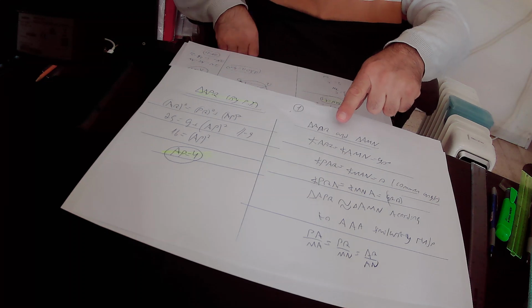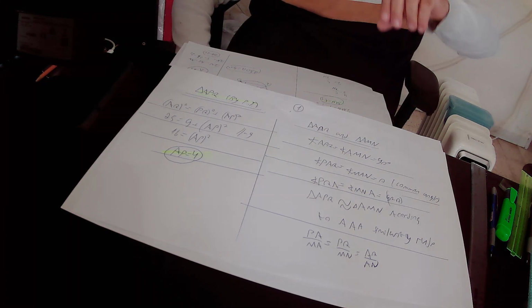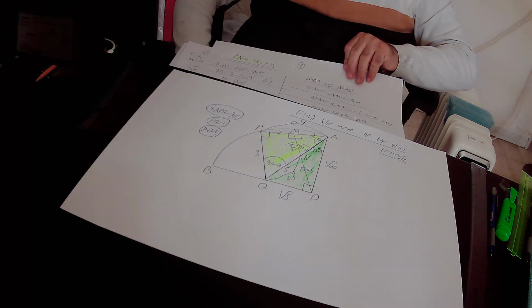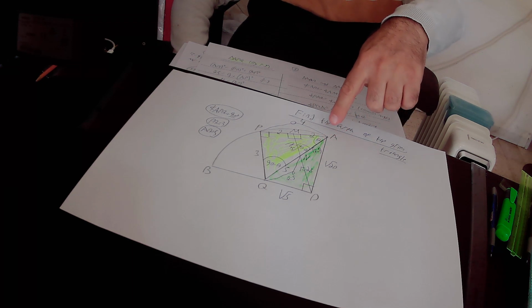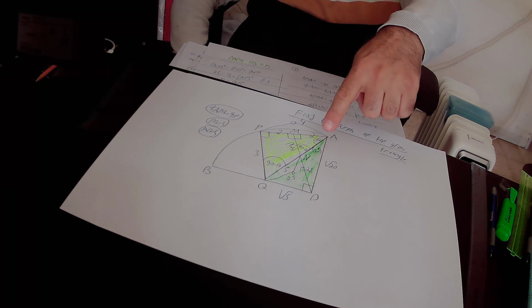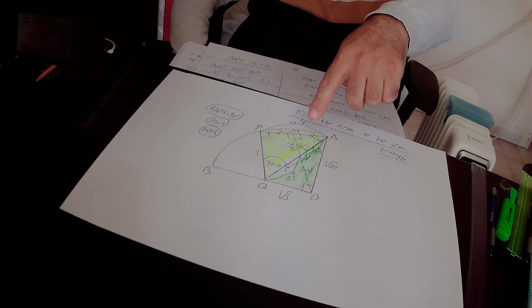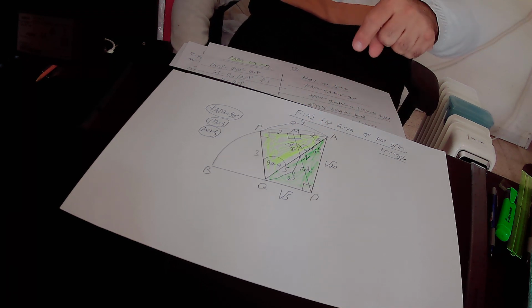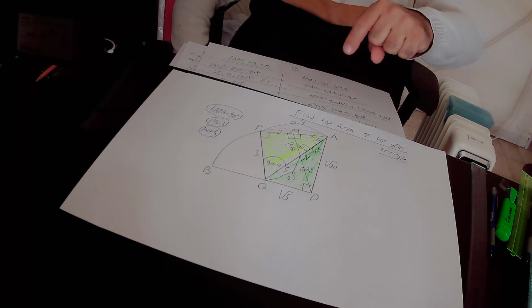Angle APQ equals angle AMN equals 90 degrees. Then we define this angle as theta, therefore the missing angle in triangle AMN must be equal to 90 degrees minus theta. Why? Because 90 degrees minus theta plus theta is 90 degrees, and 90 degrees plus 90 degrees is 180 degrees. Exactly according to the rule that the sum of the angles in any triangle is equal to 180 degrees.